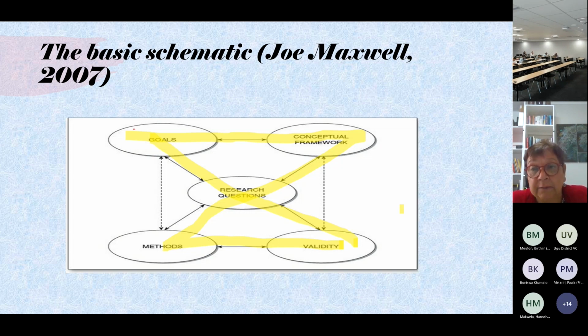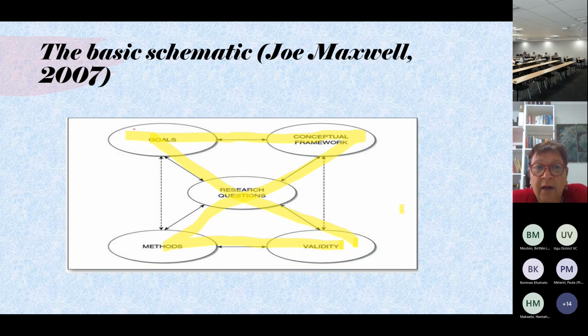The question, as Prof. Tutor just said earlier with the case of the 3 baboons, is it sufficient to give you enough information to say, I'm pretty sure that if we do the following, or I'm pretty sure that this accounts for that gap in our knowledge? And that then leads us, of course, to the validity question. How valid is the answer, or are the answers that you find as a result of researching it using your various research methods? Okay, so that is the basic schematic.